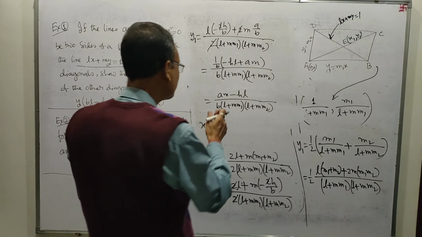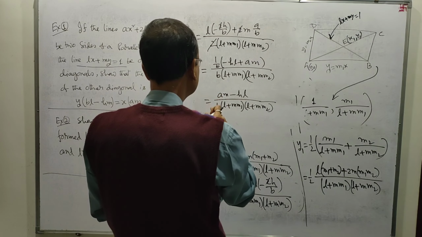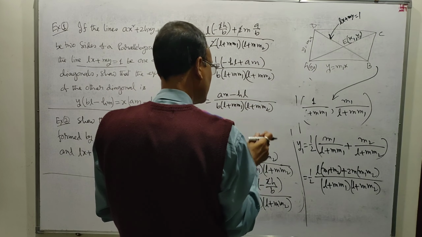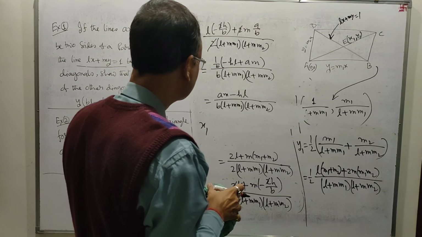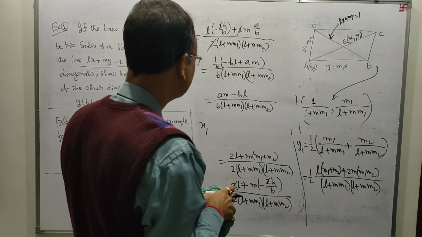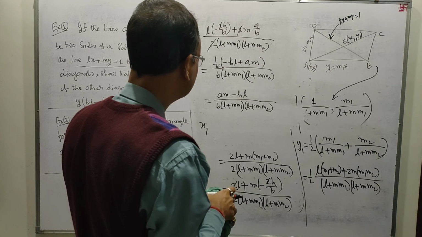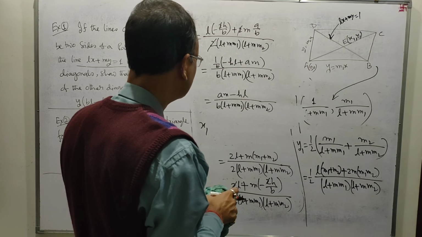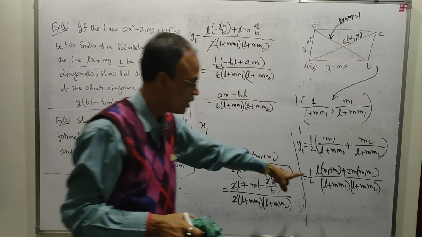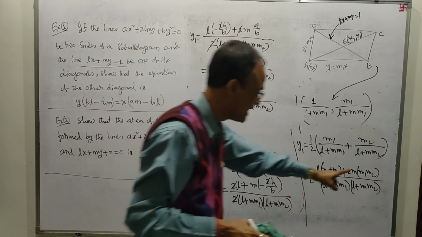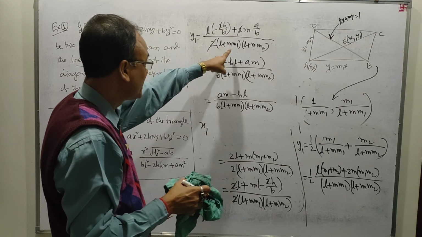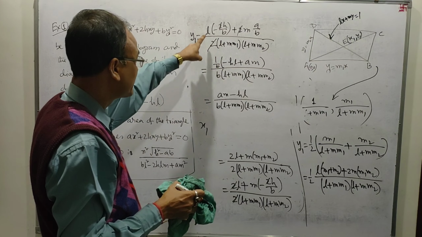Oh, I am sorry here. 1 by B, minus twice h by b. M1 plus M2 equal to minus twice h by b, M1 M2 equal to A by B. 2 will cancel.